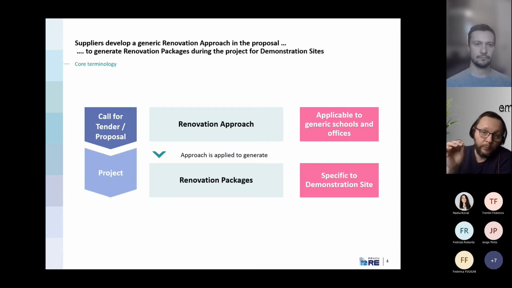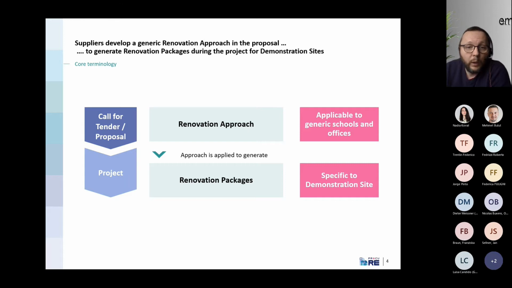So the key terms, briefly, as a reminder and to keep in mind during the following presentations. What we are hoping to get is a new renovation approach, a way to renovate offices and schools to 100% renewable standard, which is different from today's approach, which is often messy, inefficient, and doesn't yield the necessary results to accomplish the energy transition.